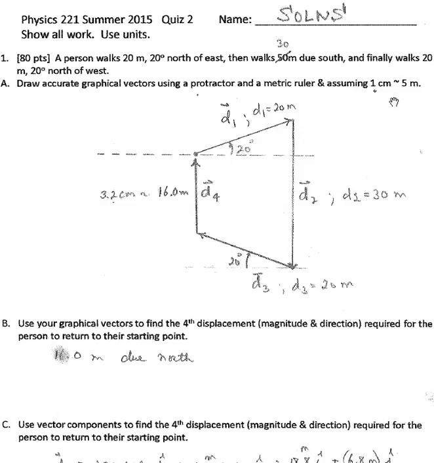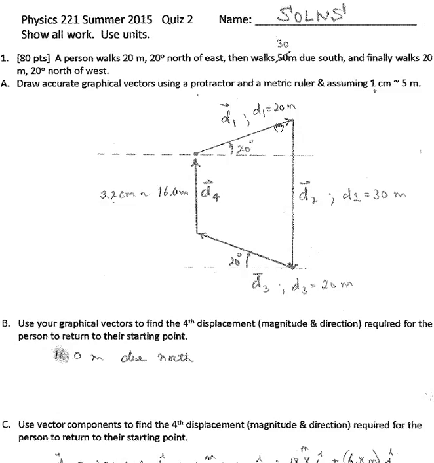And so based on this scaling, I used my protractor to measure 20 degrees up from the positive x-axis, and to measure 4 centimeters along here, which equates to the 20 meters.